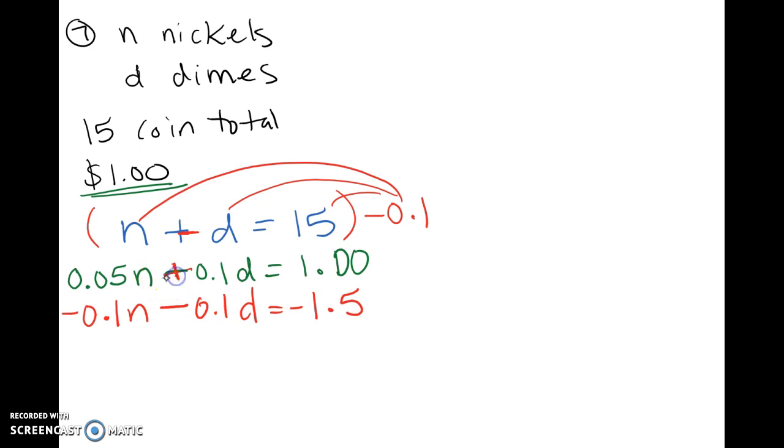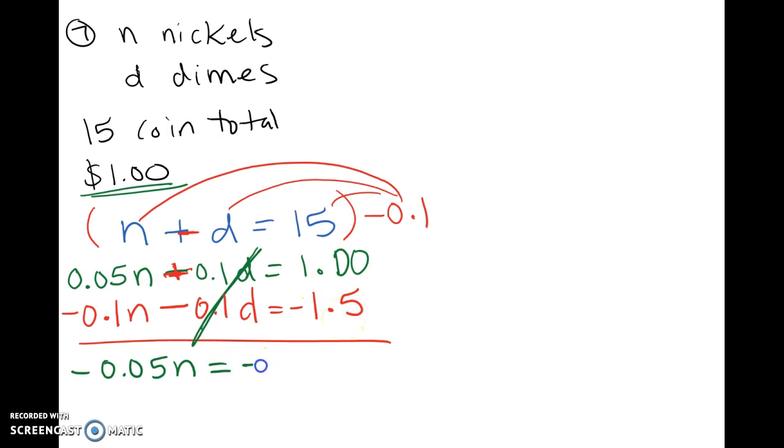So do these have opposite signs? I've got a positive 0.1 and a negative 0.1. Do I have opposite coefficients? Yeah, opposite signs and opposite coefficients. So good. So now these will eliminate. And I have 0.05 minus 0.1, so negative 0.05 N equals $1 minus $1.50, which is what?